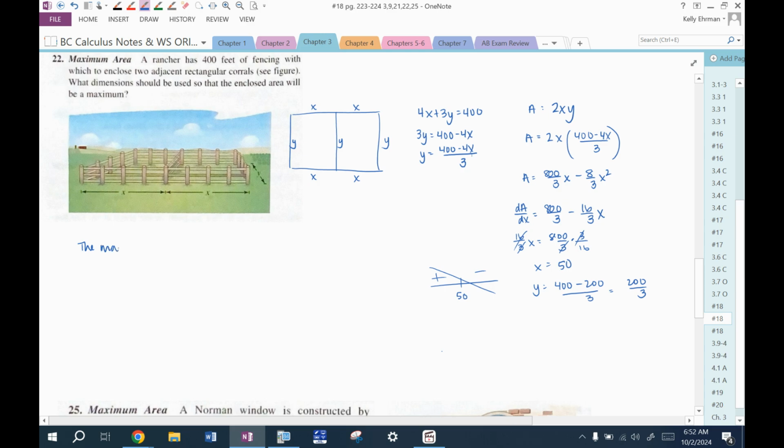So the max area occurs when x equals 50 feet and y equals 200 over 3 feet, because A prime changes from positive to negative.